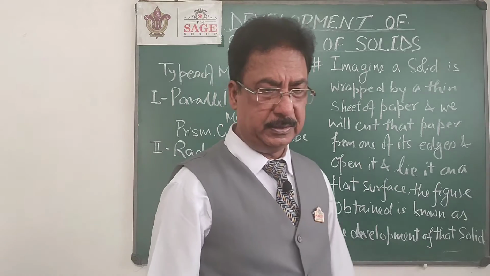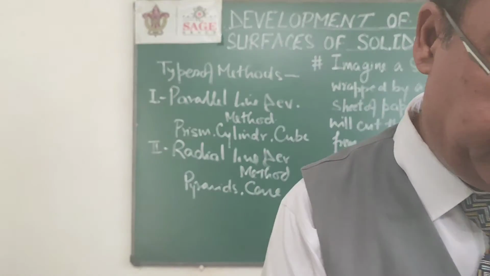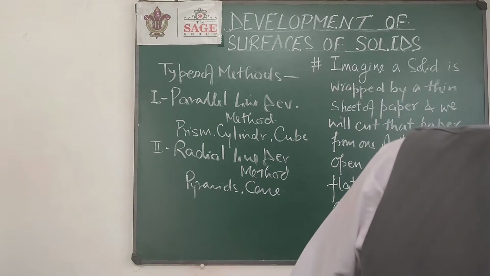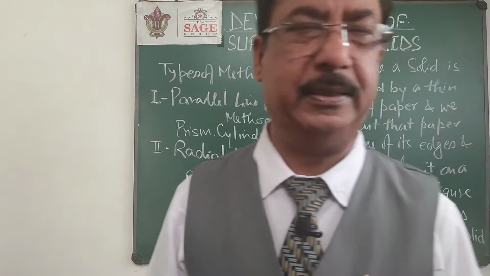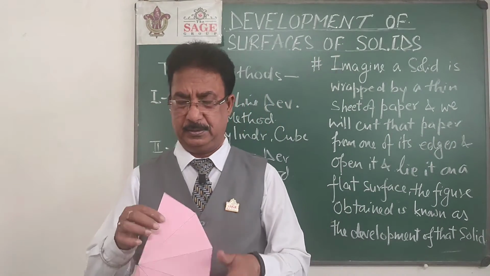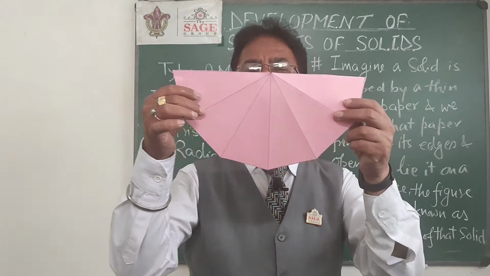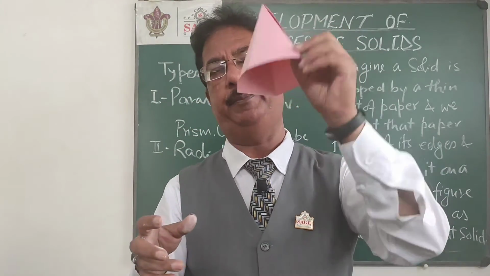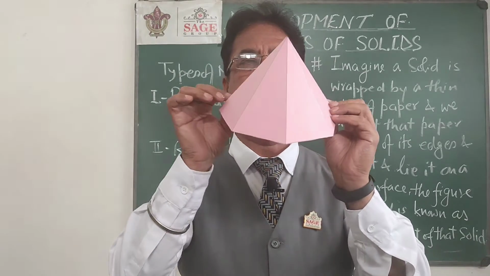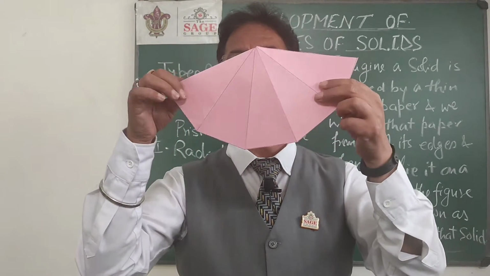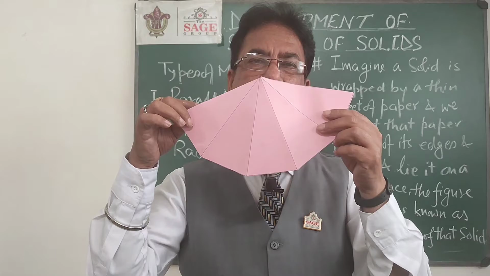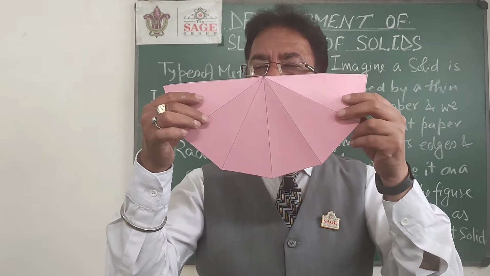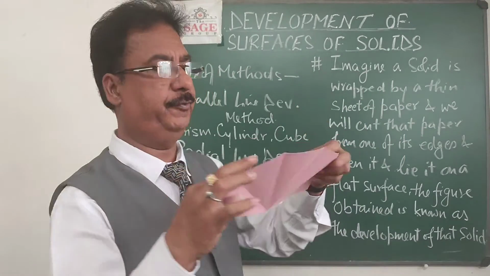As the name suggests, this time the solid is opened about its slant edge in the form of an arc. As you see in this figure, if I fold it, it will be like a pentagonal pyramid. If I open it, the development will be 5 triangles, and if one more is added, that will be the development of a hexagonal pyramid.